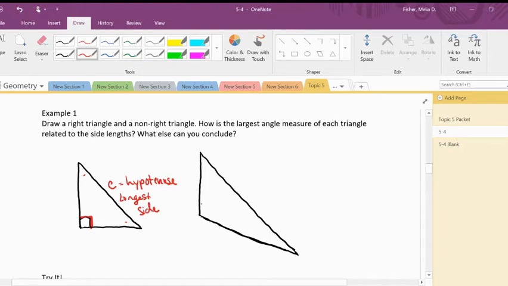Let's look at the largest angle in the second picture that is not a right triangle. Notice that the largest angle and the largest side are across from each other.